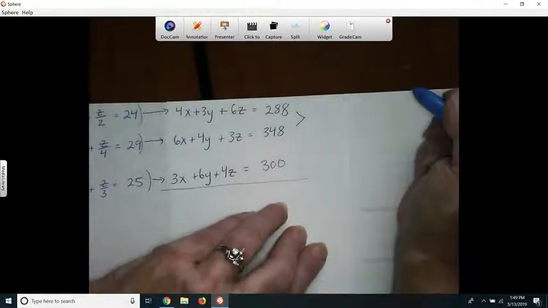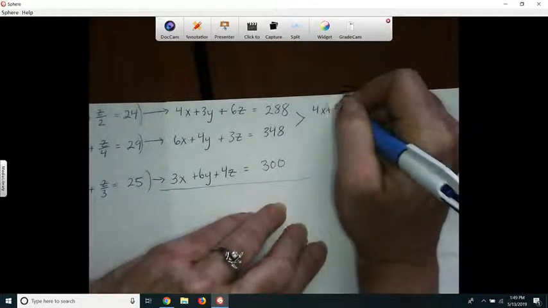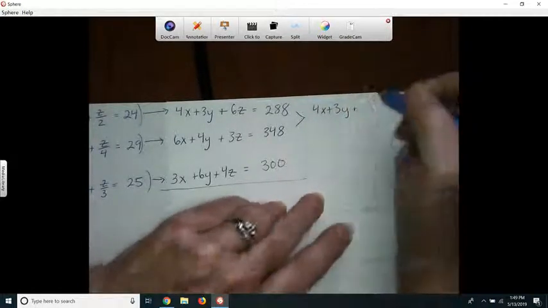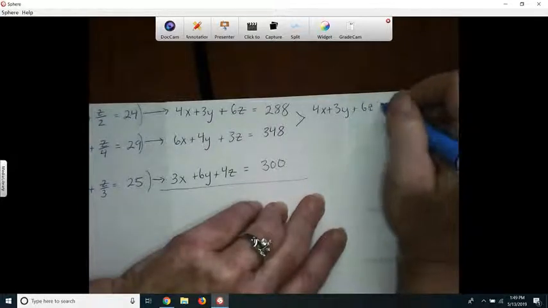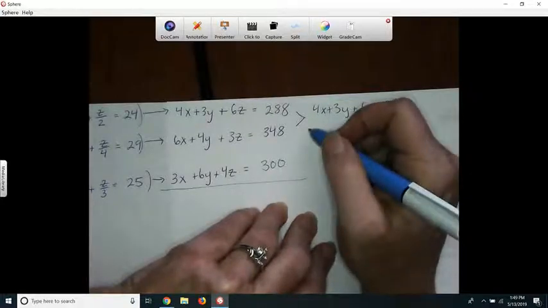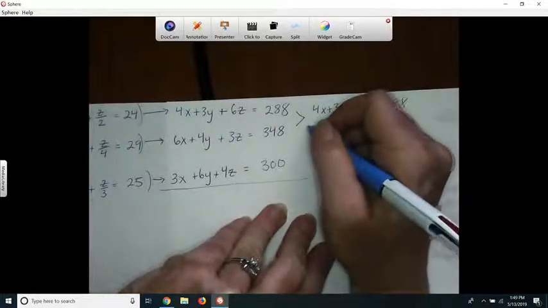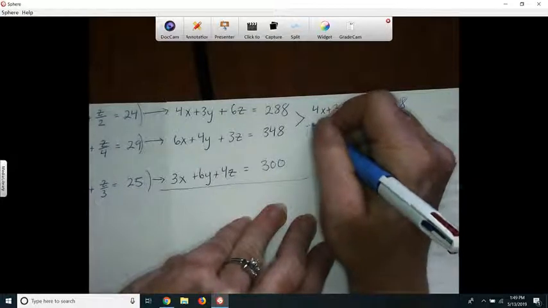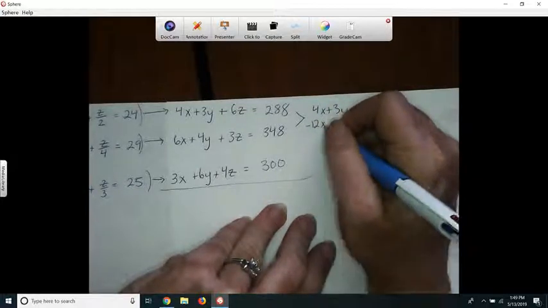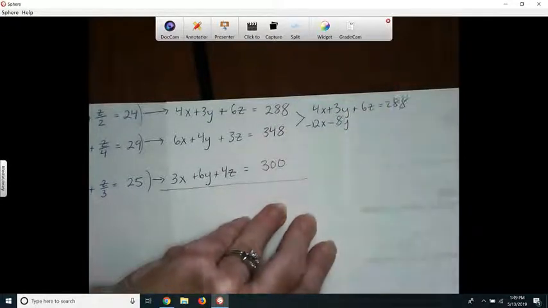So I'm just going to rewrite this, and then if I multiply the bottom by -2, I would have -12x minus 8y. I'm going to use a little tape right here.